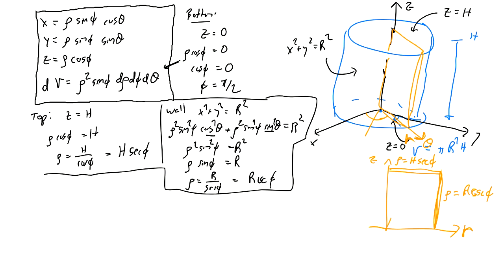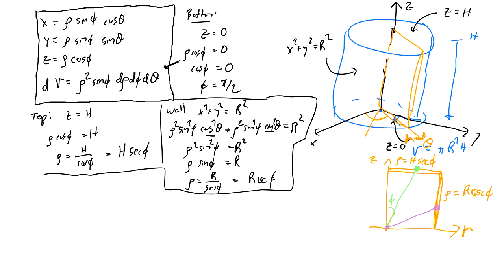So when I fixed a particular theta, notice that rho is going to be coming out of the origin. Let me change colors here. It's going to come out of the origin, and then it's going to cross either this top plane, if the angle phi is fairly small, or if the angle is bigger, then it's going to cross the vertical wall.